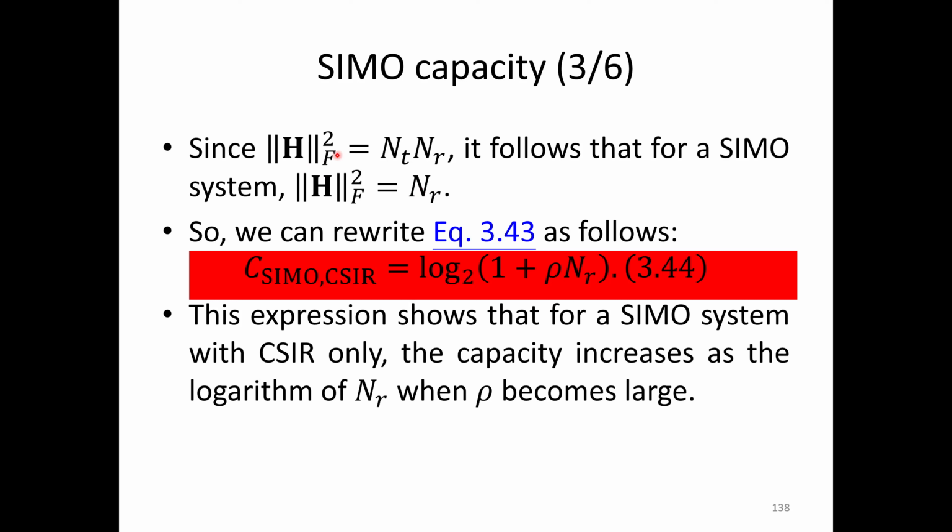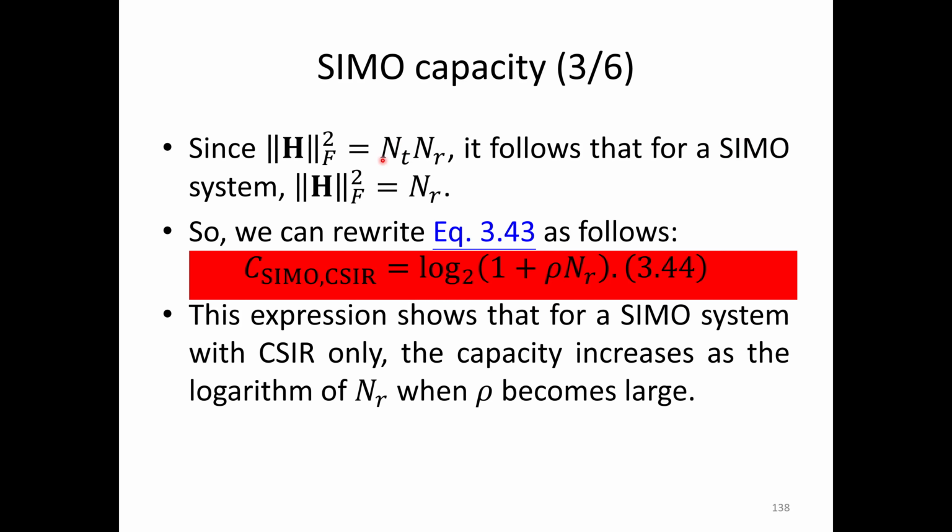Since the square of the Frobenius norm of H is equal to NT times NR, it follows that for a SIMO system, the square of the Frobenius norm of H is equal to NR, because for a SIMO system there is only one transmit antenna.